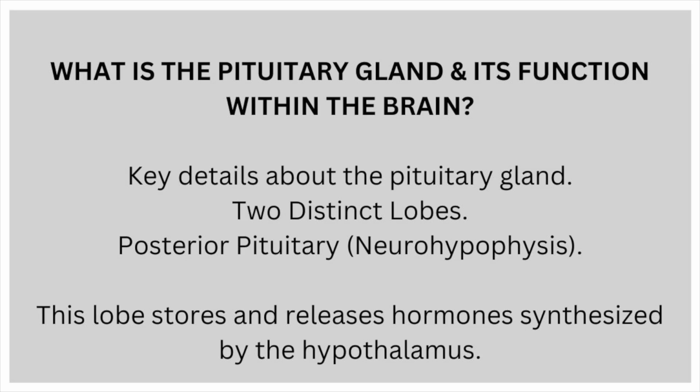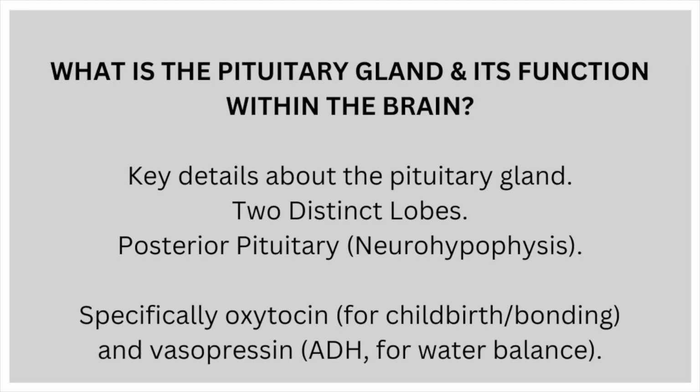Moving on to the posterior pituitary, neurohypophysis. This lobe stores and releases hormones synthesized by the hypothalamus. It specifically produces oxytocin, this being for childbirth and bonding. Also vasopressin, which is ADH, this being for water balance.